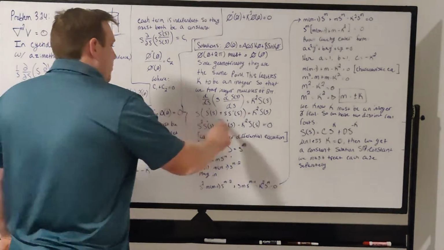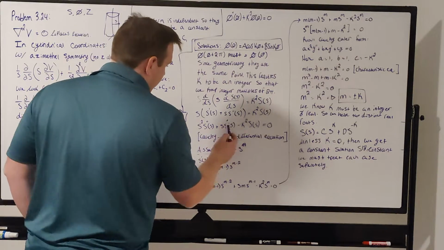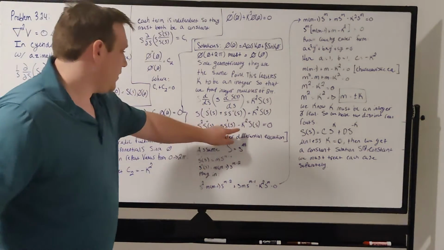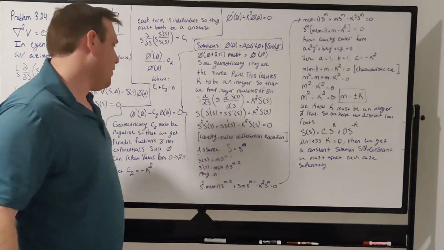And then distribute the s through, you get s squared s double prime plus s times s prime minus k squared s equal to 0.